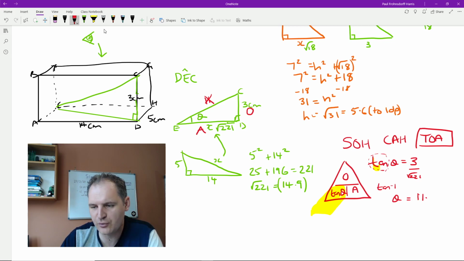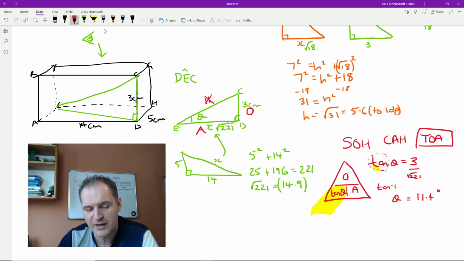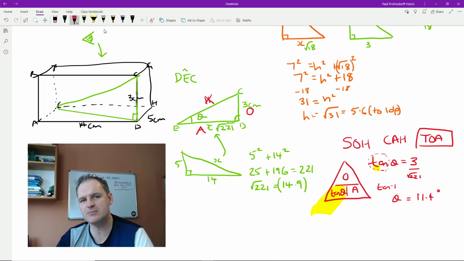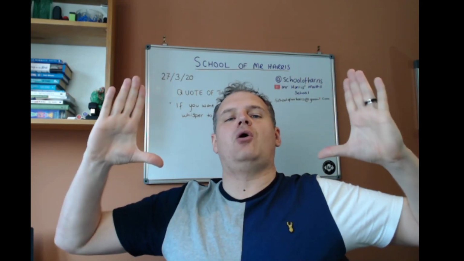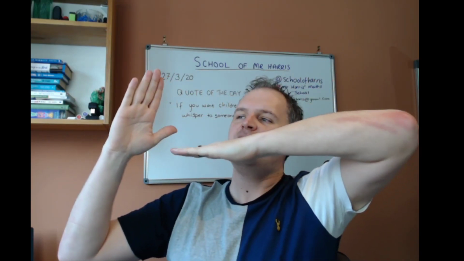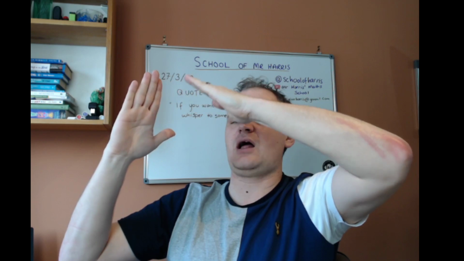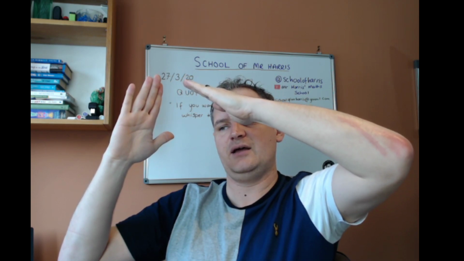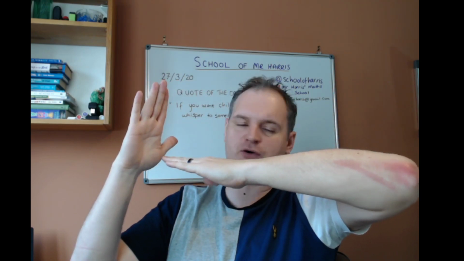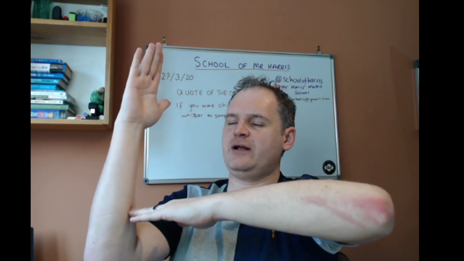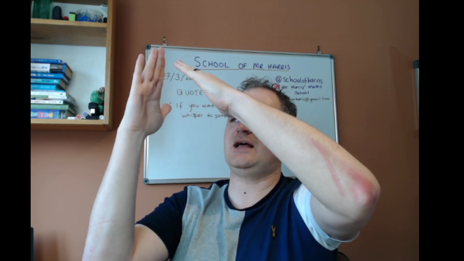And what I like to do is whenever I do a question like this, I think, is that reasonable? Well, if this is about 14.9 and this is only 3, that's quite long compared to its height, which says to me, if you've got something that's really long but not very high, the angle of elevation is unlikely to be particularly big. So it's going to make it from a long thing very likely to be less of an angle.